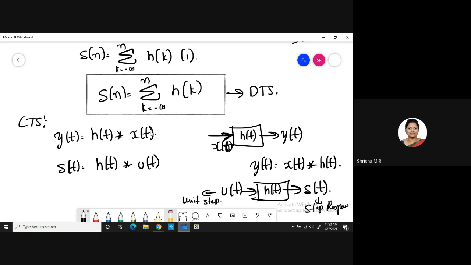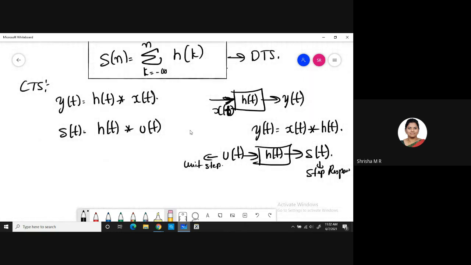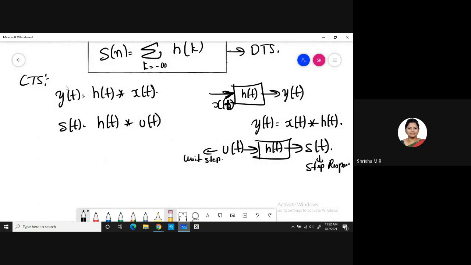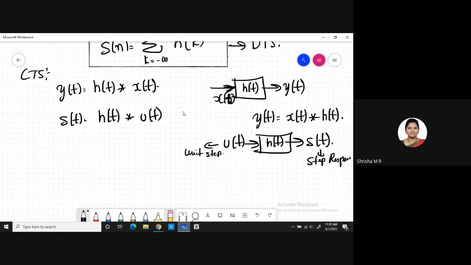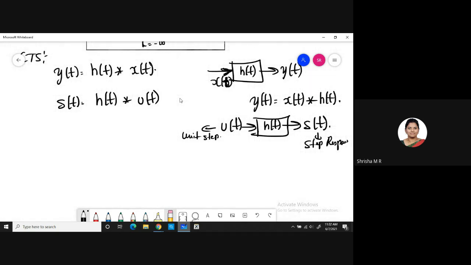So basically, what is step response? It is the output of the system when input is equal to unit step. Got it, everyone? This y of t becomes S of t when x of t is equal to u of t. Got it? Is it clear?